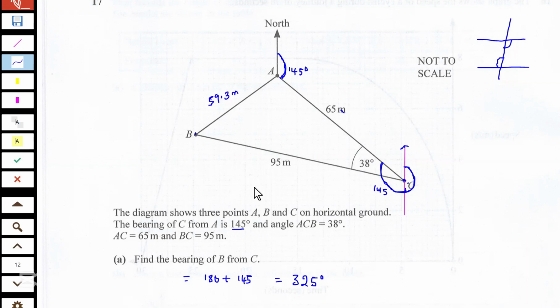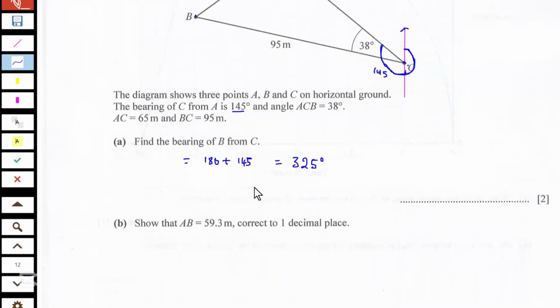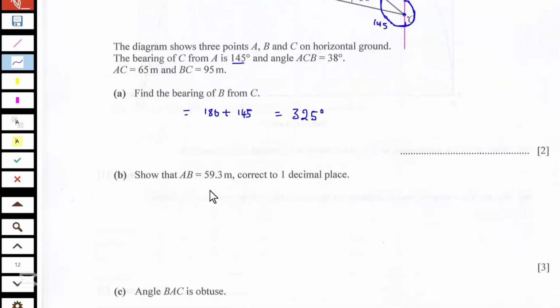So we're going to apply cosine rule in this case, where we say AB square equal to 65 square plus 95 square minus 2 times 65 times 95 cos 38.